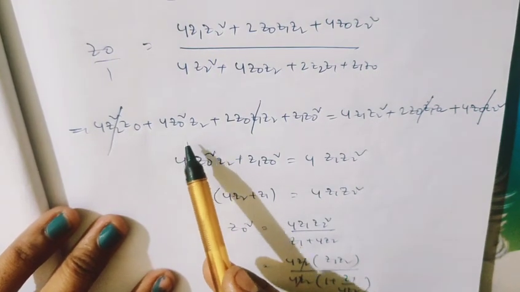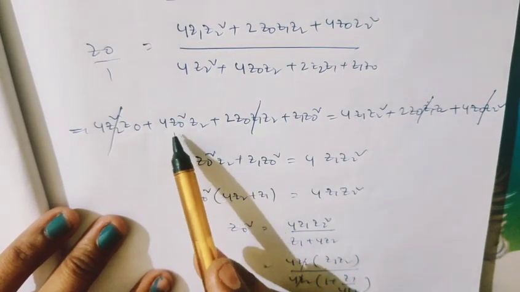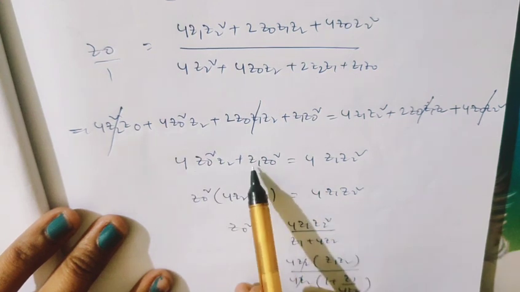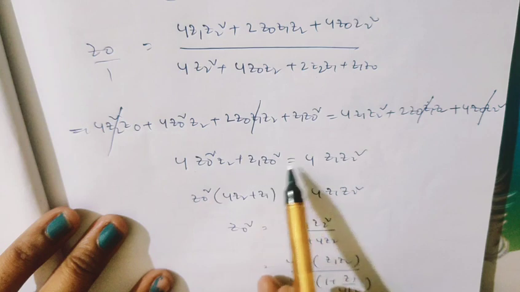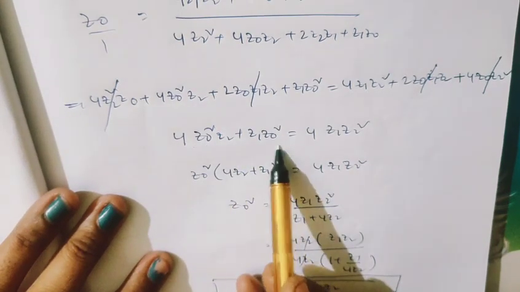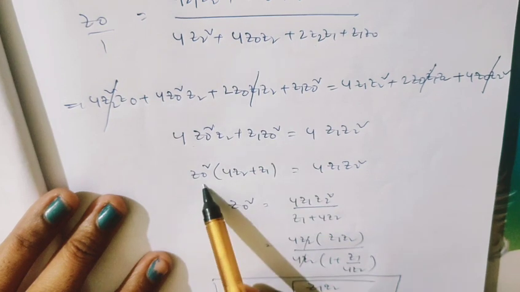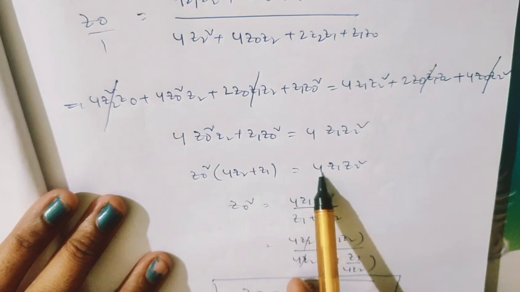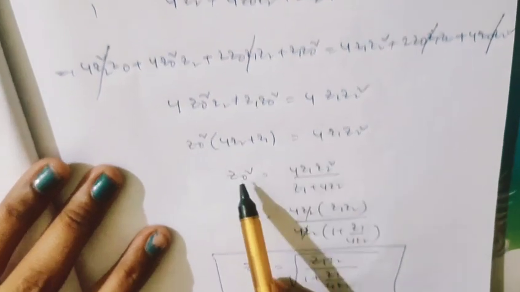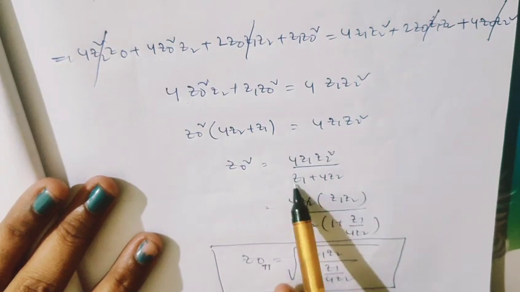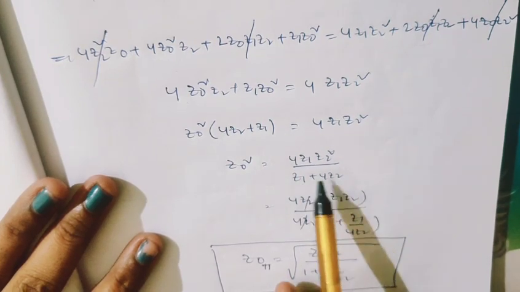So finally we have 4 into Z0 square into Z2 plus Z1 Z0 square should be equal to 4 into Z1 Z2 square. Here we have to find the Z0 value. So take down Z0 square as a common term. We will get Z0 square into (4Z2 plus Z1) equal to 4 into Z1 Z2 square. Therefore Z0 square is nothing but 4 Z1 Z2 square by (Z1 plus 4Z2).